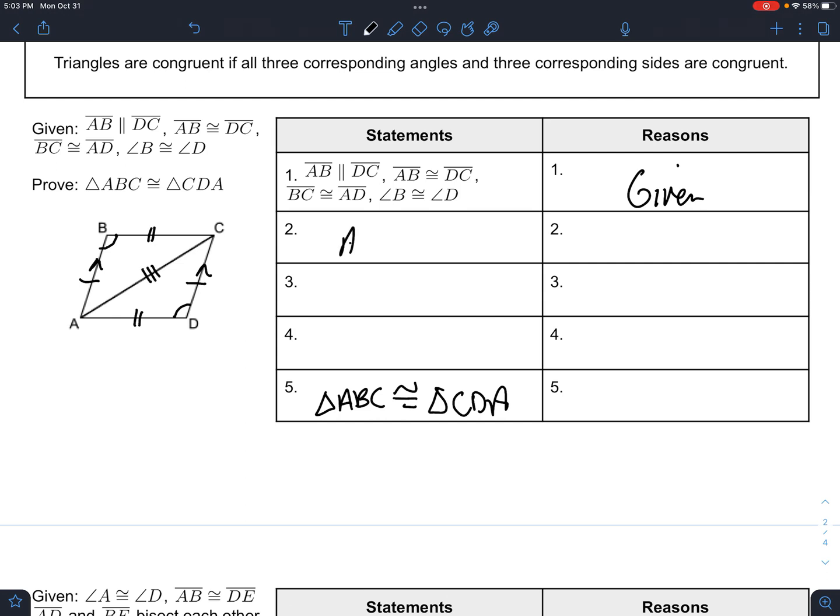One thing I know is just like on the last picture, AC is congruent to AC. And you might wonder why I say that, but if you notice in this proof, we are listing 3 sides. This is now our third side. And this is our first angle. So this is my third side matching.